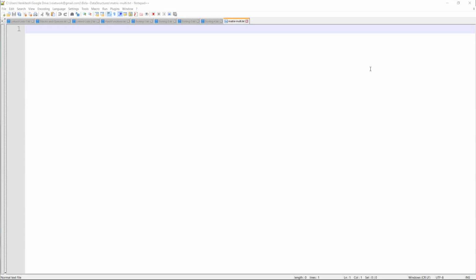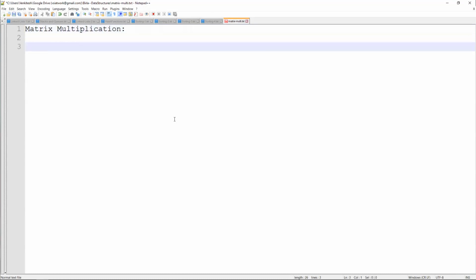So this is a quick recap of the matrix multiplication algorithm that we saw in the lecture. So what kind of algorithms are we seeing? Let's say we are given two matrices, say n by n, A and B, right?